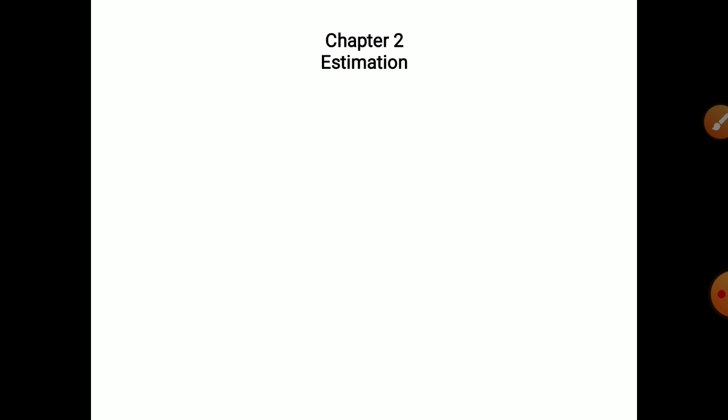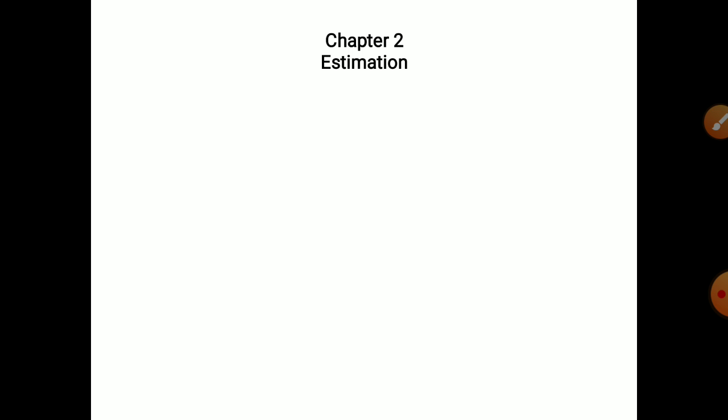The number of people who are watching the match can be 62,500, it can be 56,000, it can be 64,000. So in estimation or approximation, we will study the same thing, how to approximate a quantity.